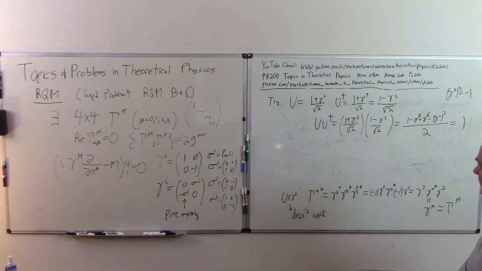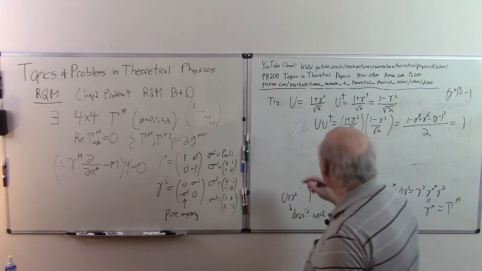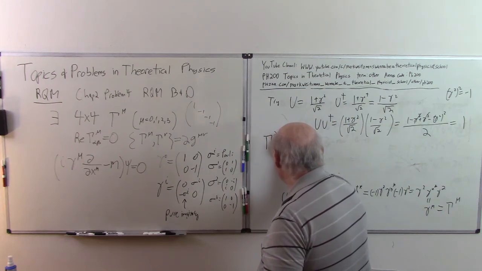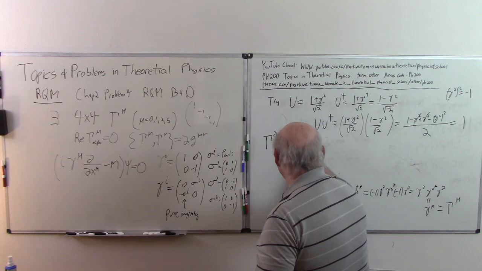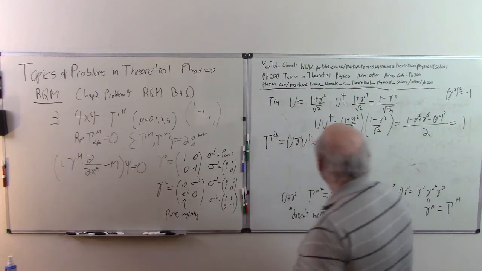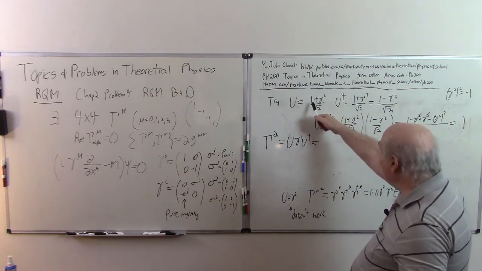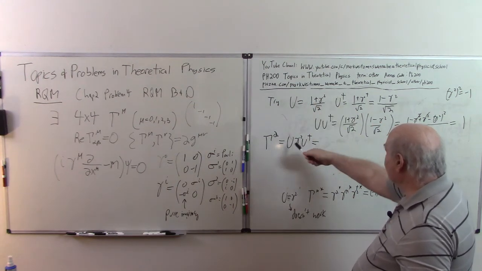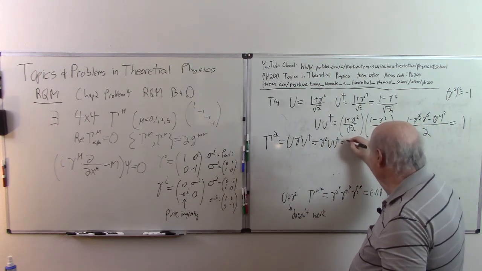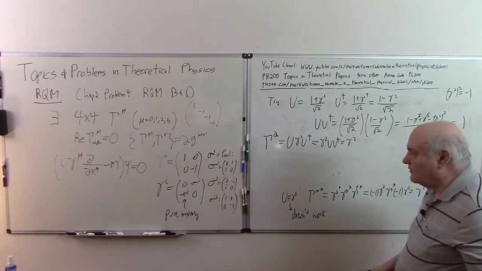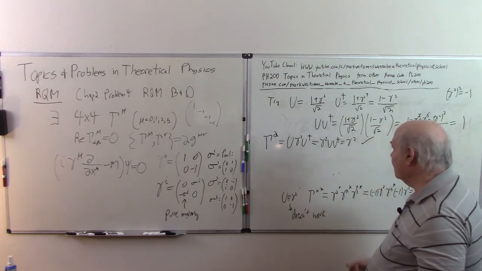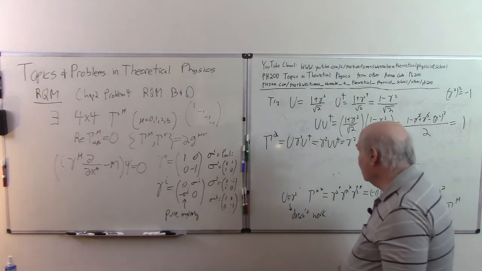Now let's see if it does what we want. First, let's calculate gamma 2 prime. Gamma 2 prime is just equal to u gamma 2 u dagger. We know that gamma 2 commutes with the real number and with itself, so it commutes with u. So this is just gamma 2 u dagger, which is equal to gamma 2. That's good, because gamma 2 was pure imaginary, so we haven't changed it, and we still have the pure imaginary that we want.